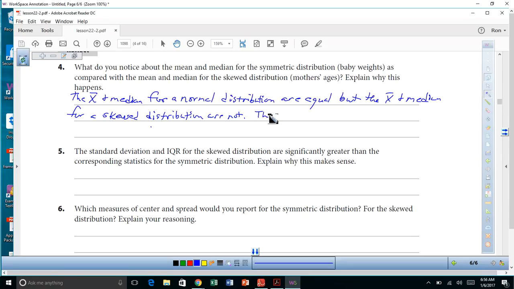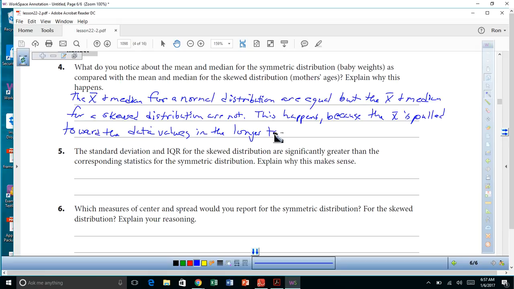This happens because the mean is pulled toward the data values in the longer tail, but the median is not.